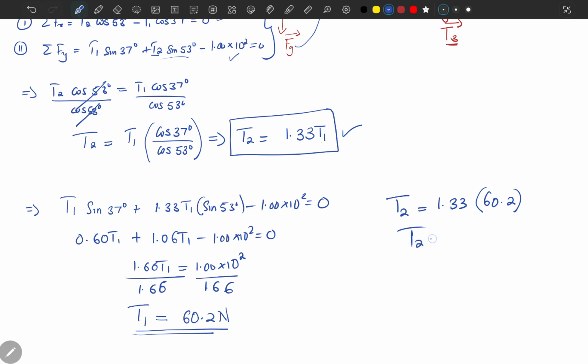So tension 2 is 80.1 newtons. Done. So we have found T1, T2, and T3 was given in the question as 1.00 times 10 to the power 2 newtons. Just like that.